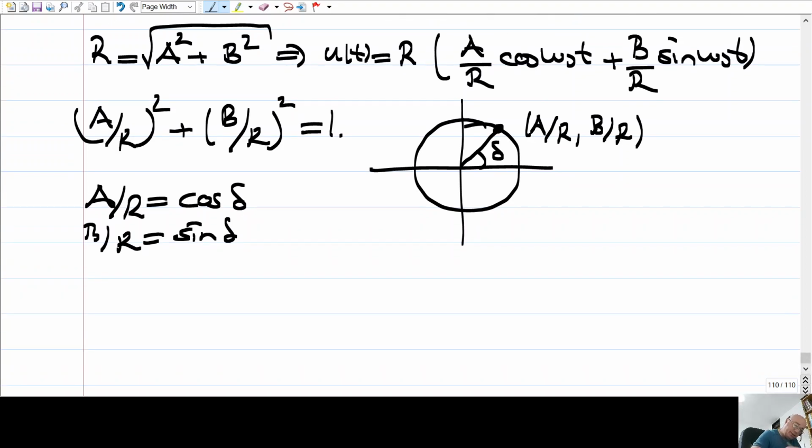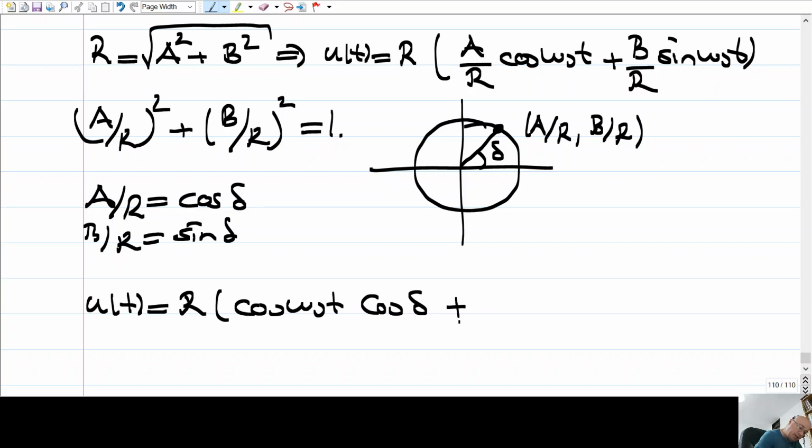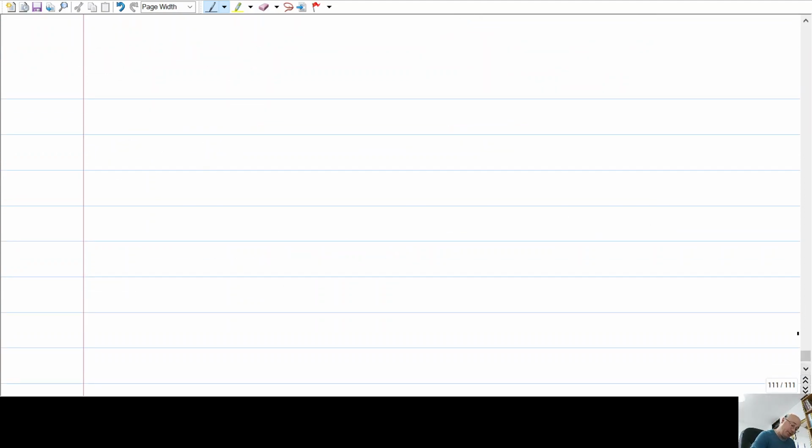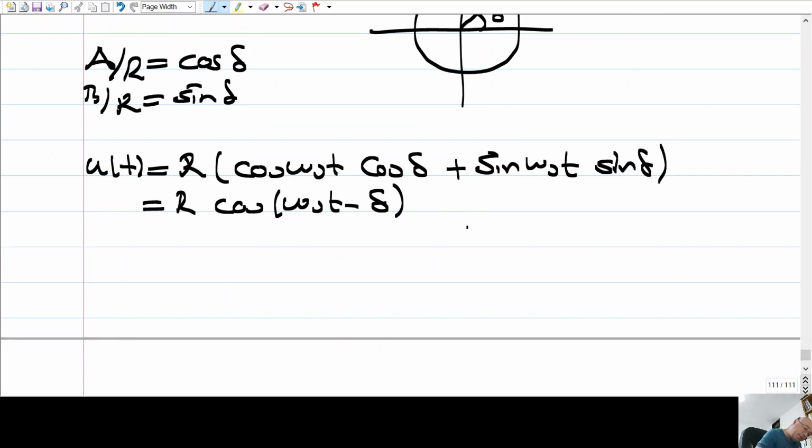So my u of t is then just R times cosine omega 0 t cosine delta plus sine omega 0 t sine delta, and we know that this is just R cosine of omega 0 t minus delta. So this means I can picture this.